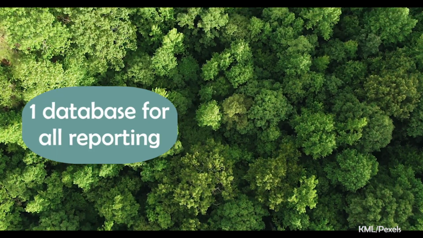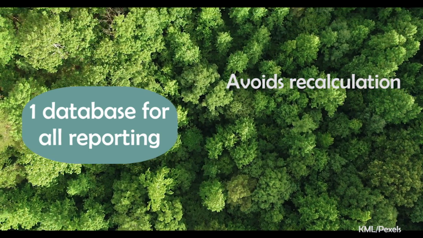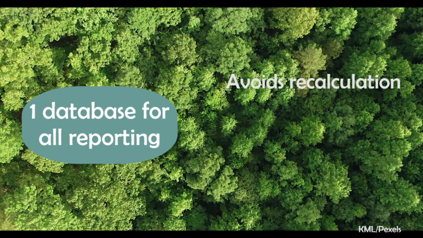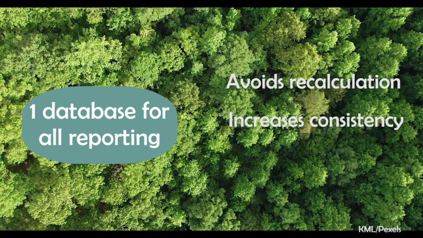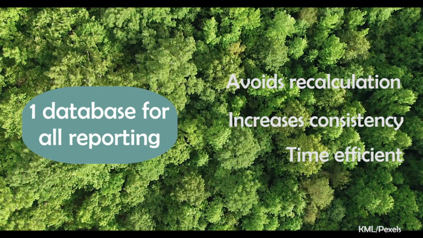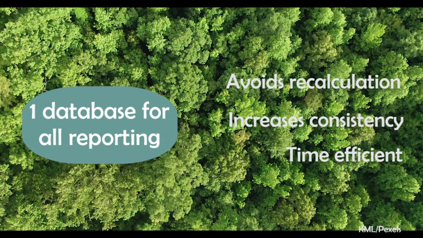Having one database from which these values can be obtained will not only reduce the duplication, now many countries are recalculating their emissions for each report they produce, it will also increase consistency between reports over time. Finally, and most importantly, it will free up time for government officials to improve the FLINT system continuously over time.